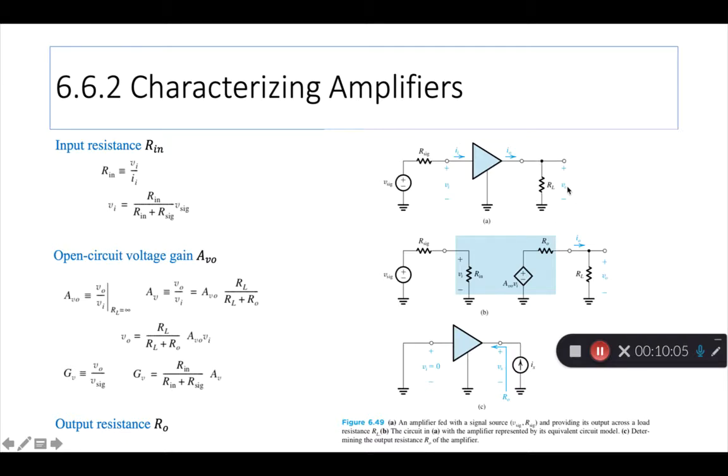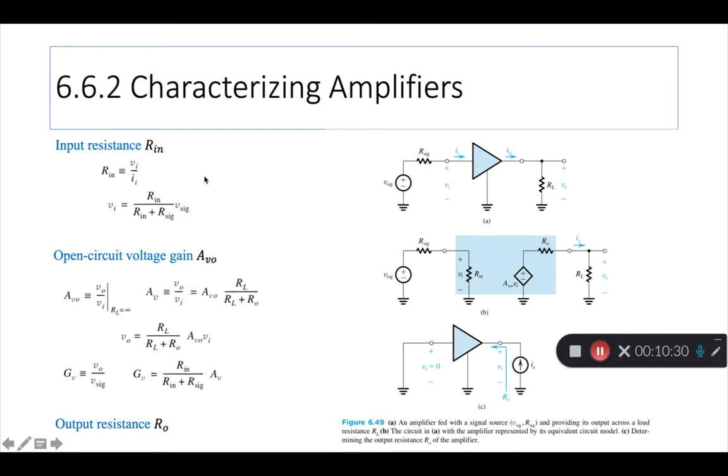Similarly, on the output side, you can talk about open circuit voltages and currents, but at the end of the day, you need a load. You apply a load, you attach a load, so that some benefit comes out of the amplifier. So the voltage across the load is the output voltage of the amplifier, VO.